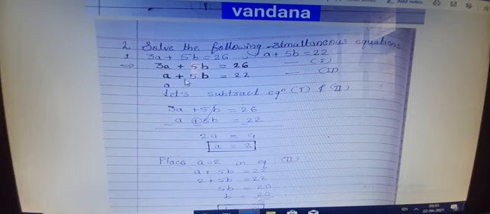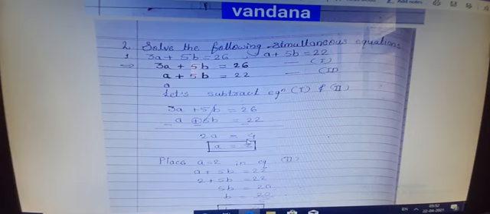After subtraction the signs of the second equation change, plus 5 becomes minus 5, and plus 5 minus 5 cancel. 3a minus a becomes 2a. 26 minus 22, because 22 is positive and after subtraction becomes negative, so 26 minus 22 is 4.